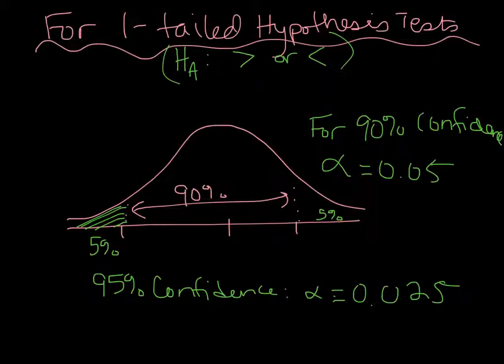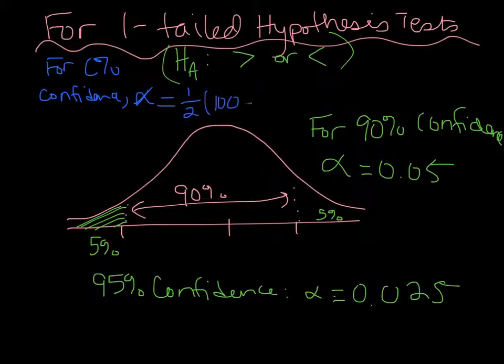So our formula for a one-tailed hypothesis test, if you have a confidence interval of C%, your alpha is going to be 1/2 of 100 minus whatever your percent is. Excuse me, 1/2 of 1 minus whatever your percent is, because we're thinking about it as decimals.